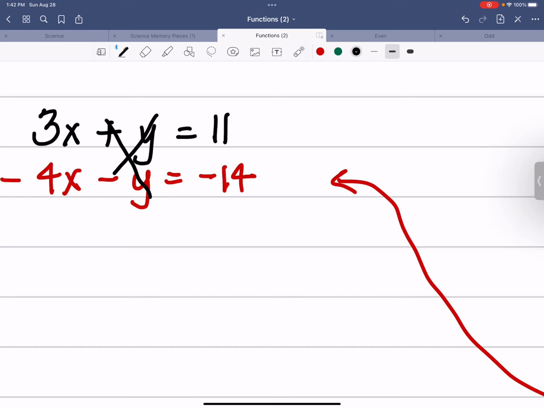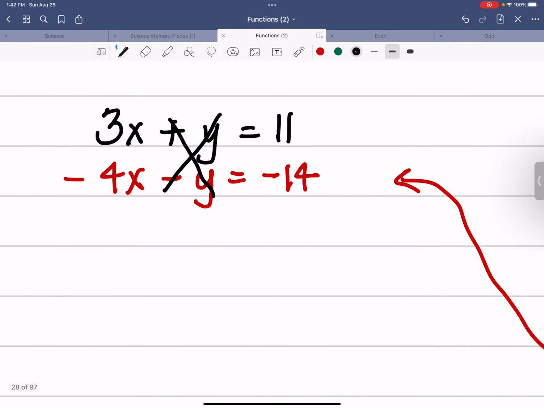The y's are eliminated. And now we're left with negative 1x. And over here we have a negative 3. Divide both sides by negative 1. And you're left with x is positive 3.